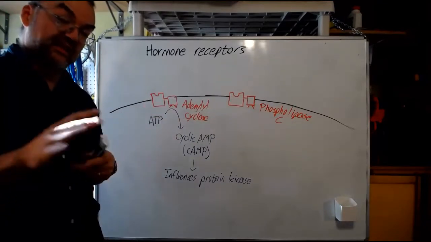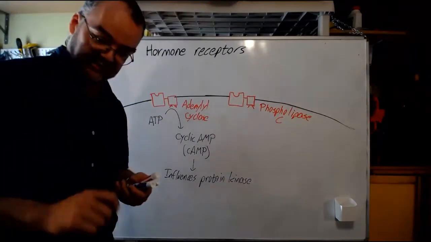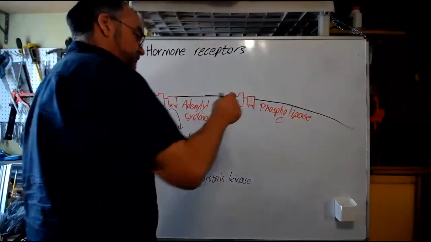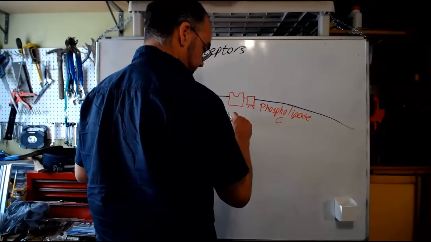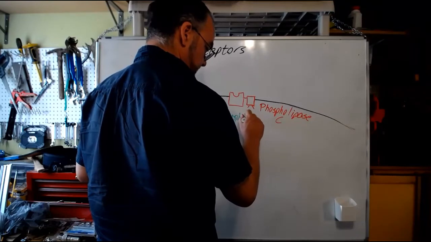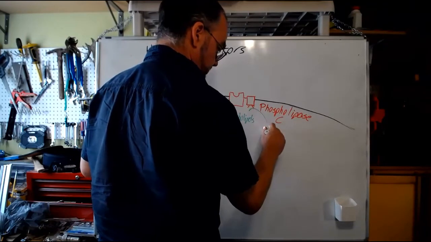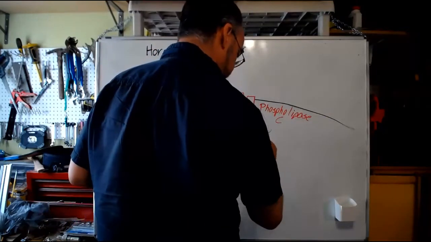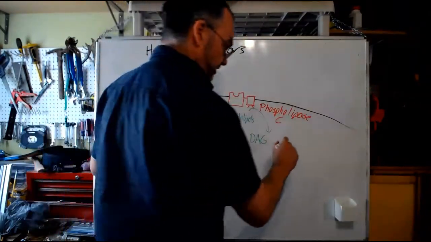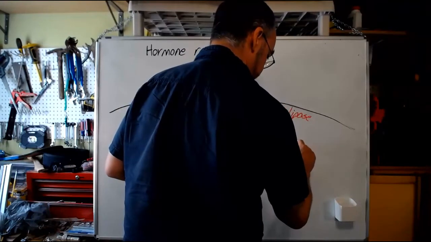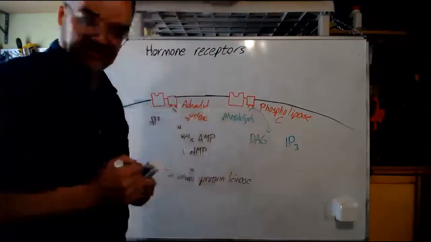The phospholipase C worked slightly differently. If you remember, phospholipase C turns membrane phospholipids into two different second messengers. One of them is called DAG, diacylglycerol, and the other was IP3, inositol triphosphate.